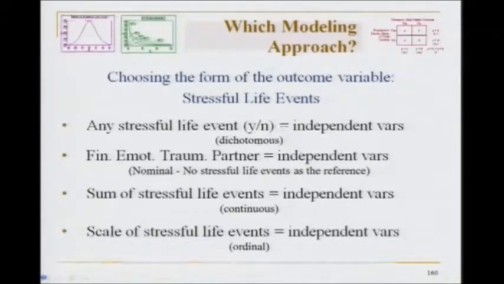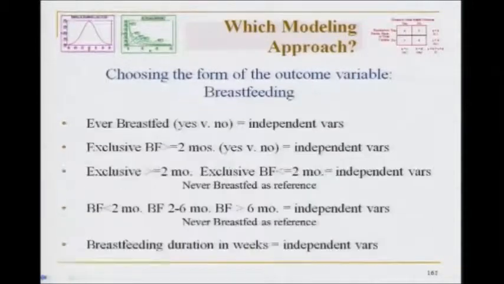We don't have to go through this now, we can end, but I've given you, for yourself, stressful life events, and then I've got maternal depression, some variables that we're interested in, and I've given you some ideas of different ways you might want to model or examine these issues.